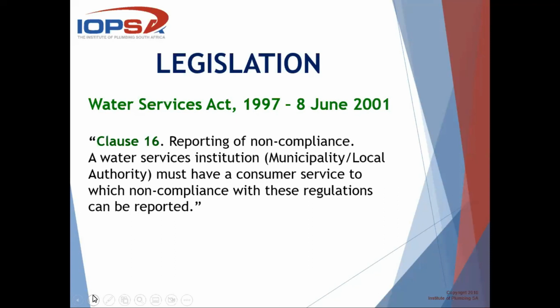And that's why some of these things were put into the plumbing regulations for us to inform the client, to tell them what is going on. So we are basically fulfilling partially the role of the municipalities. Having said that, let's have a look at the standards which apply and what these standards are saying.